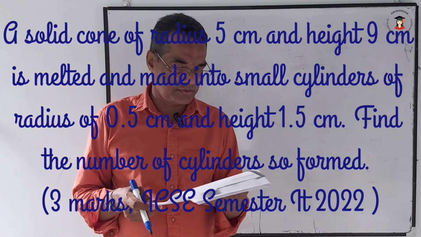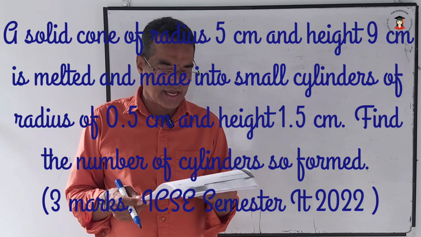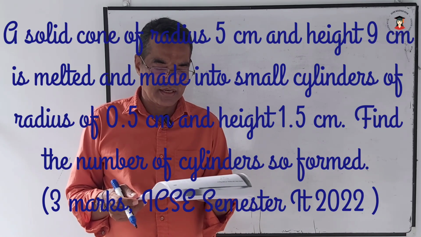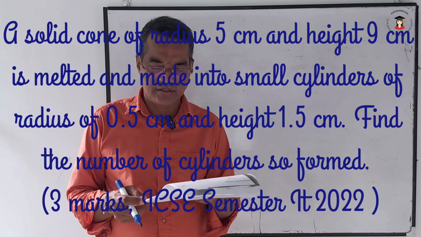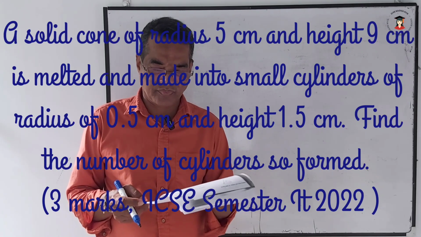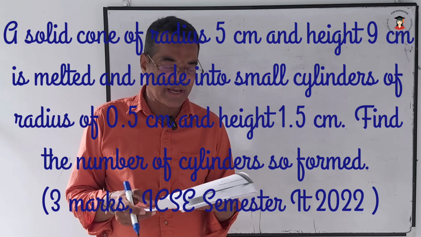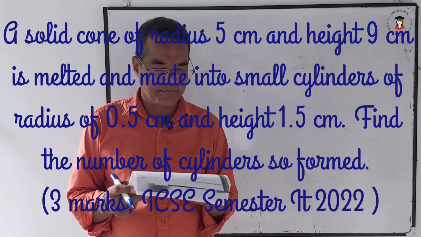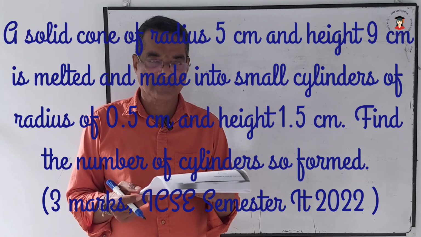The 10th question. A solid cone of radius 5 centimeter and height 9 centimeter is melted and made into small cylinders of radius 0.5 centimeter and height 1.5 centimeter. Find the number of cylinders so formed. So here a cone is melted.